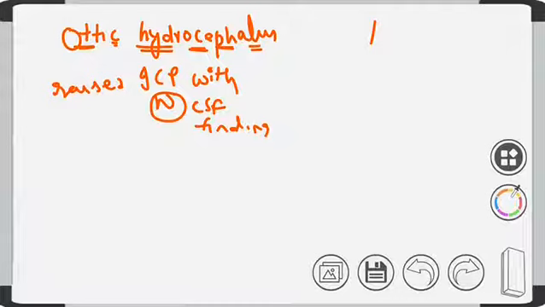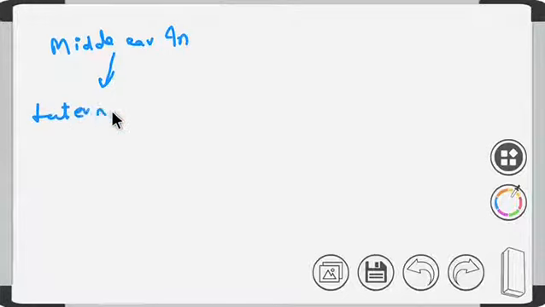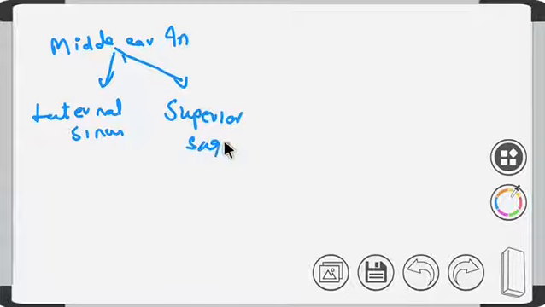So why is there increased CSF pressure? Let's discuss. See, initially there is middle ear infection, right? This middle ear infection will cause inflammation of the lateral sinus, or if the infection goes further, it can also result in inflammation of the superior sagittal sinus.